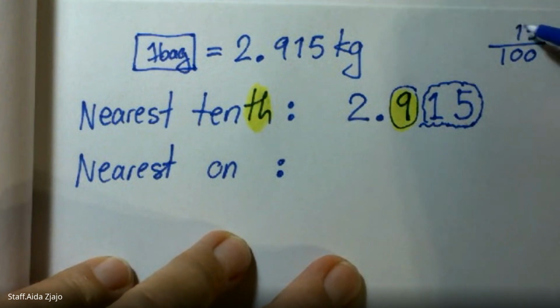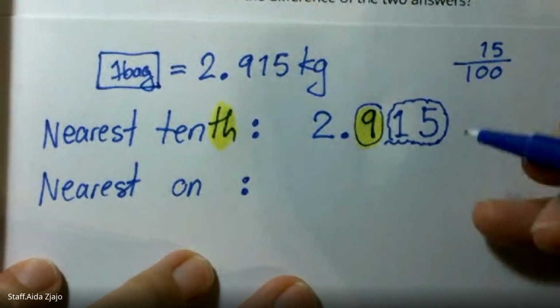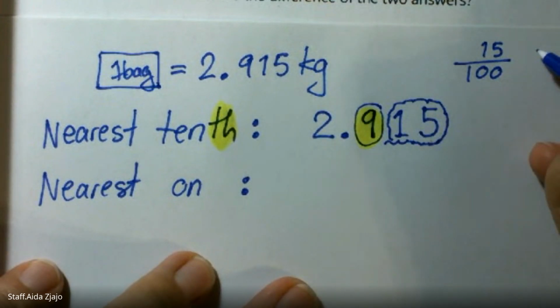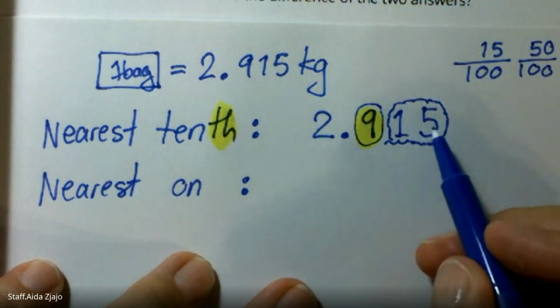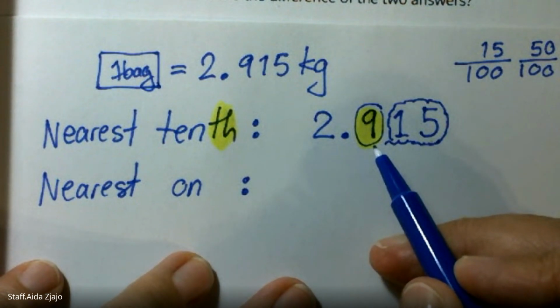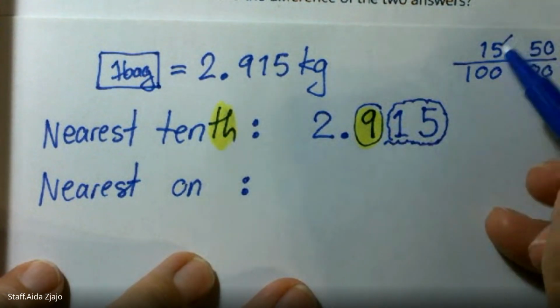This is not enough. In order to round to a new tenth, you need to have at least 50 out of 100. So that means that this will be lost.